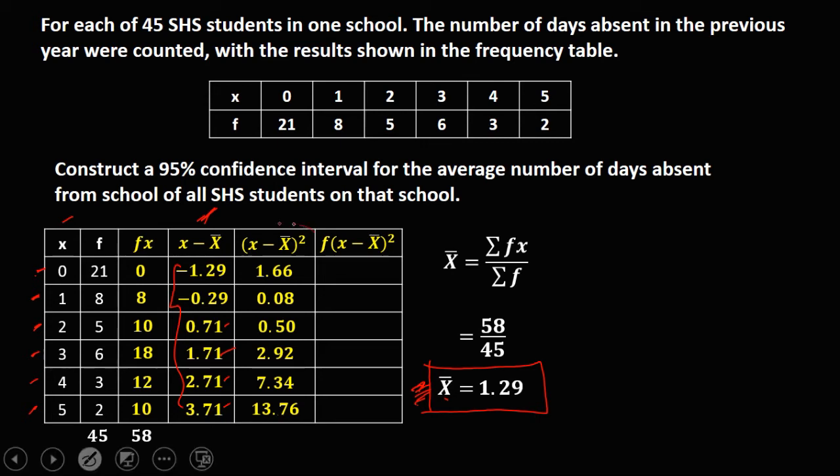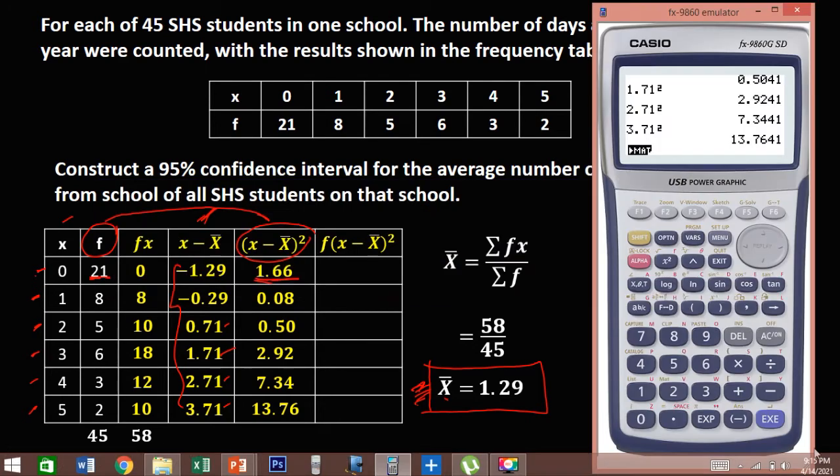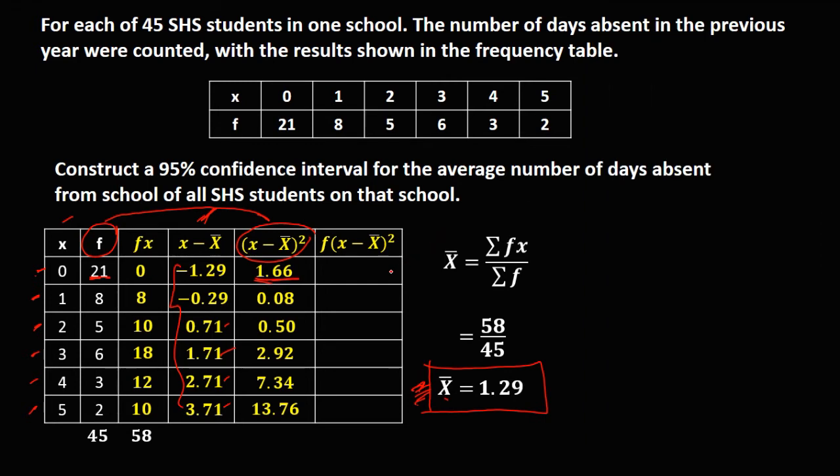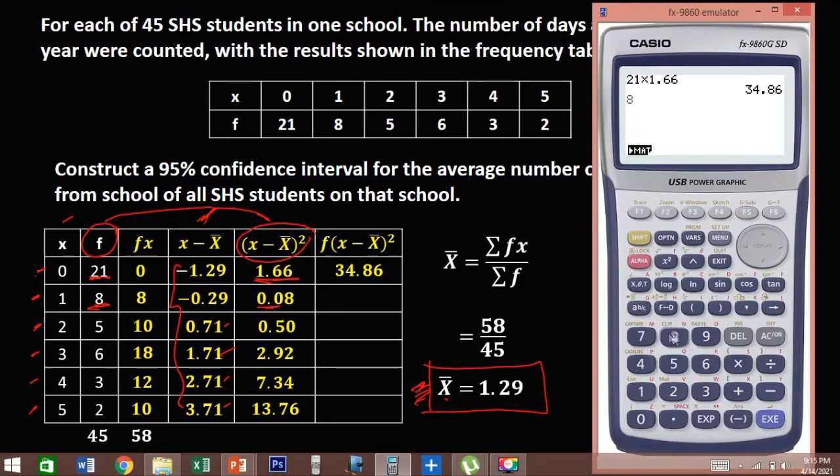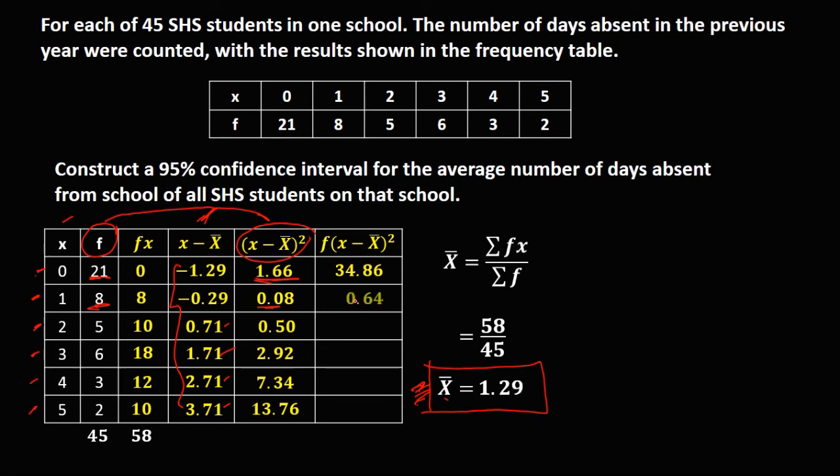So multiply these two columns. Start with 21 times 1.66, it's 34.86. Then this 8 times 0.08, it's 0.64.